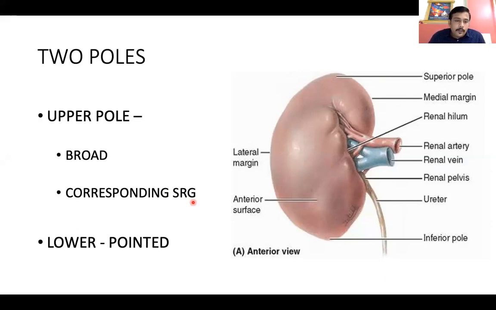Okay, and the lower pole is pointed. You can see the lower pole is somewhat pointed. So this is one among the criteria for identifying the side of the kidney. If a given specimen is there, then to determine which side it belongs to, you need to know the features of the upper pole and lower pole also.